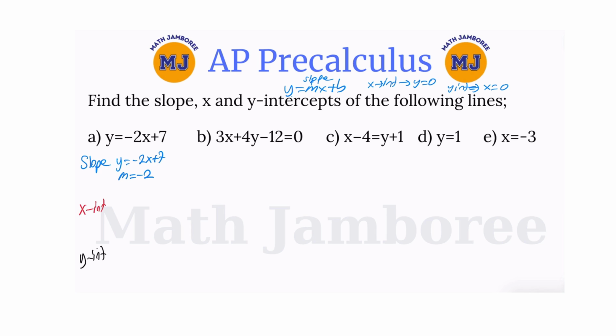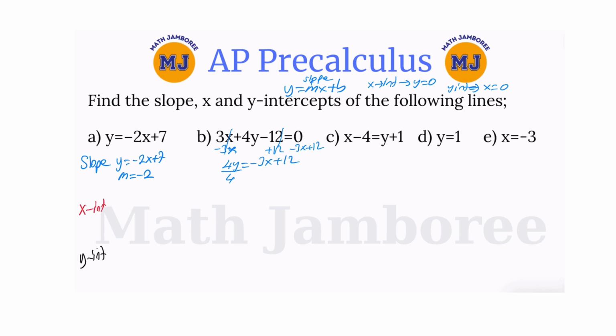And choice B, we're given 3x plus 4y minus 12. We would like to isolate the y. So we'll just take away 3x and add 12 to both sides of this equation. So that becomes 4y equals negative 3x plus 12.